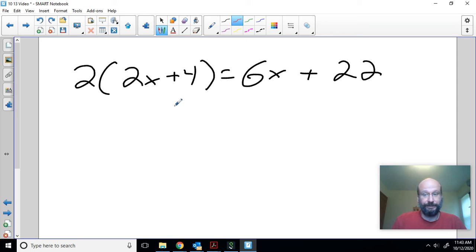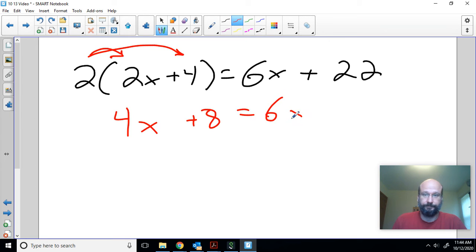A little tricky one, but what's the first thing we would do? What property is the first thing we would do? Hopefully, you said distributive property because that's what we would do first. And again, remember we put the x's to the left. So what's our next step? And what's that property called?